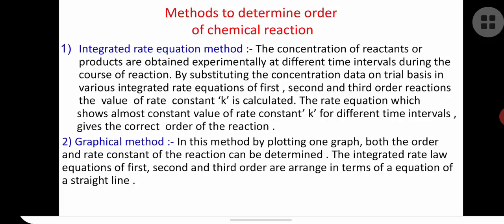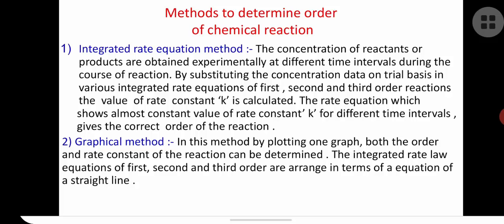By substituting the concentration data on trial basis in the various integrated rate equations of first, second and third order reactions, the value of rate constant K is calculated.